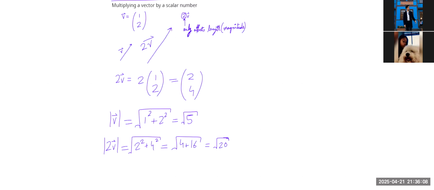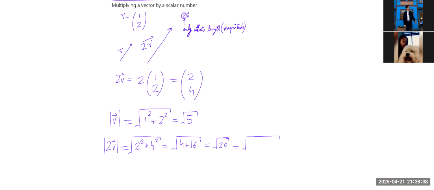We can write down root of 20. By the way, do you remember simplifying surds? Yeah. So how can I simplify this surd? You find the highest square number you can multiply to get 20. Start from the smallest square number you know.